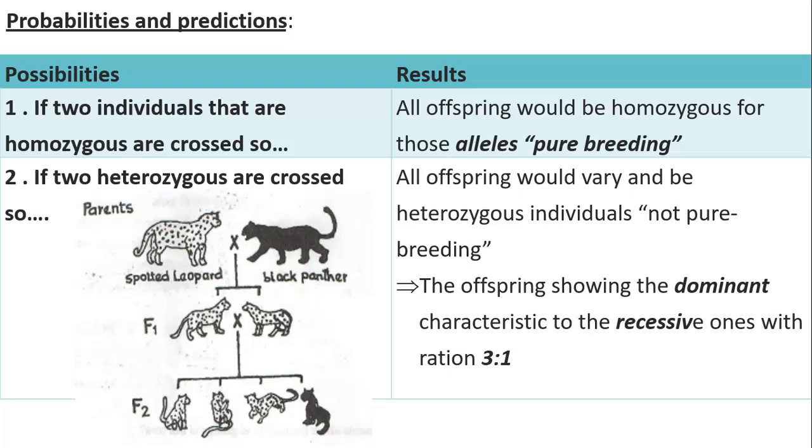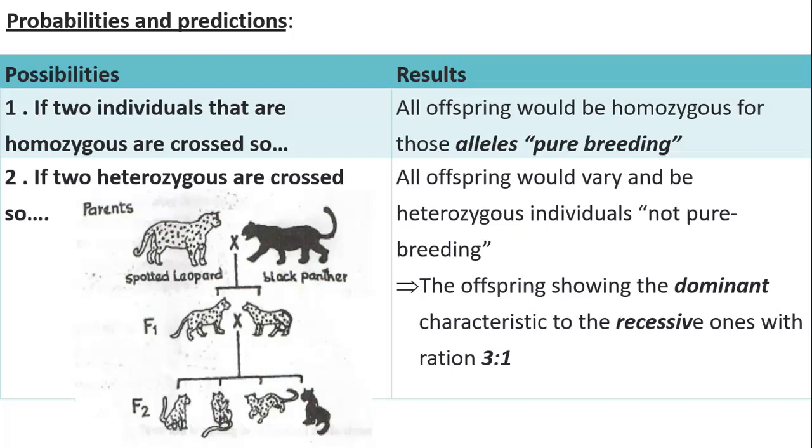So again, if both alleles are homozygous for the trait, this means that it's a pure breeding for this trait. So this means that the offspring will surely carry the same characteristic as is. We call this pure breeding. While if parents were heterozygous, this means that we can have a mixture of the phenotypes of this trait in their offspring.